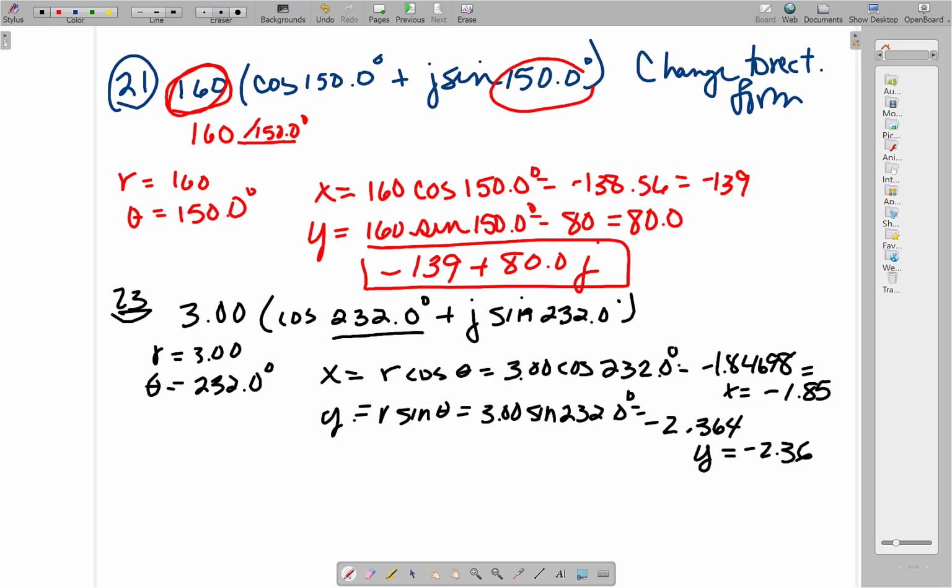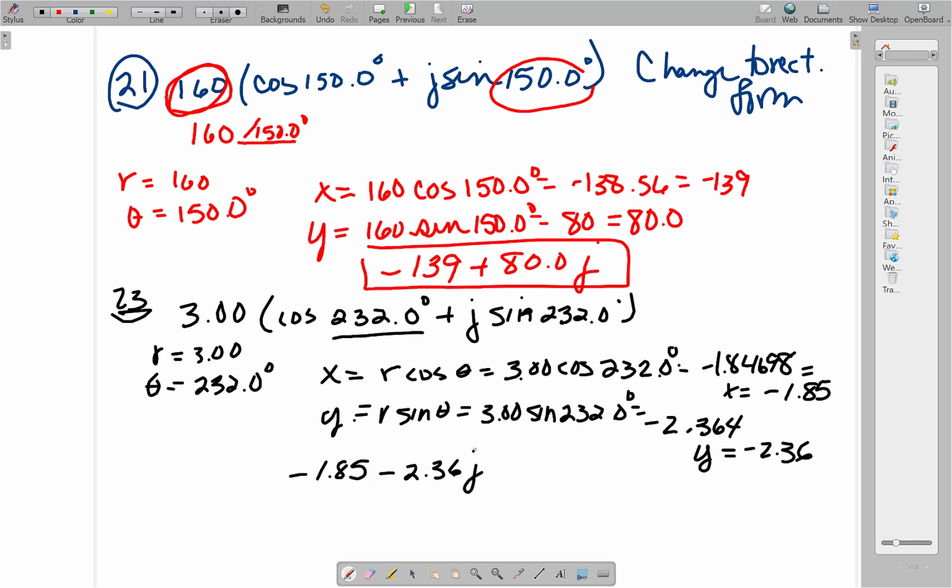So our answer is negative 1.85 minus 2.36j. And that is our answer for 23.